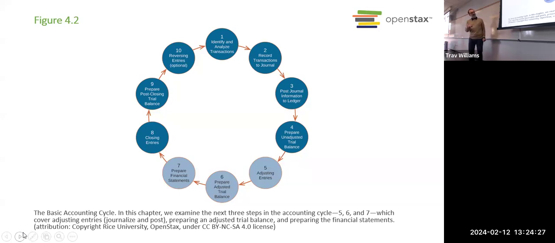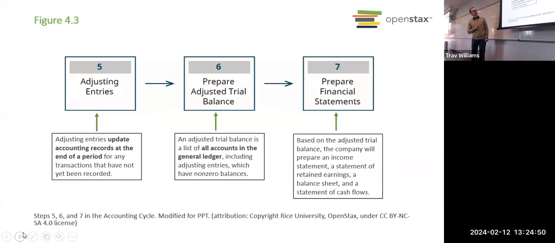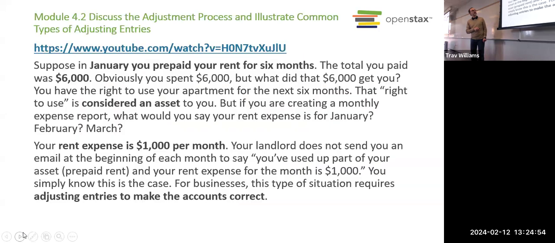And then this week, we will be learning about the adjusting entries, the adjusted trial balance, and the financial statements. Then we have only 2 more required steps to go. But of course, there's more to learn, right? But at least we will know the full accounting cycle after next week. Okay, again, these are the 3 steps we will work on this week.